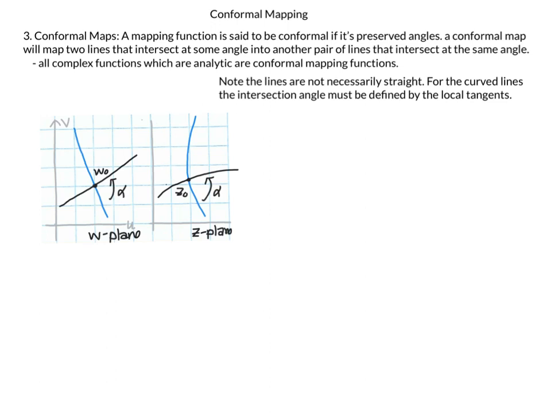It'll preserve the angle. And note the lines are not necessarily straight, like here I drew them curved. So for curved lines, the intersection angle must be defined by local tangents.